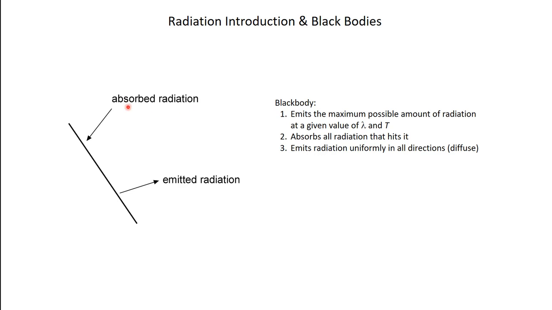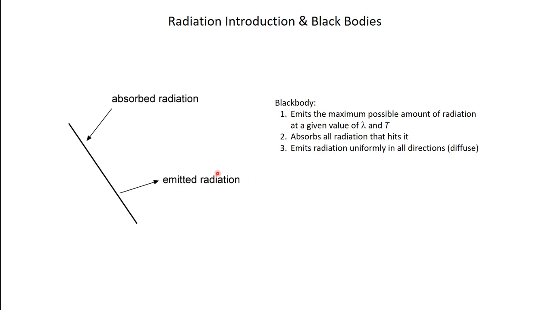And how much is hitting the surface depends on what the other surfaces in the vicinity are, what their temperatures are, what direction they are pointed, and how much of the radiation they give off will actually be intercepted by this surface. It gets to be a very complicated geometric problem to figure out how much radiation is even incident on the surface, and then how much of that is absorbed depends on the surface.